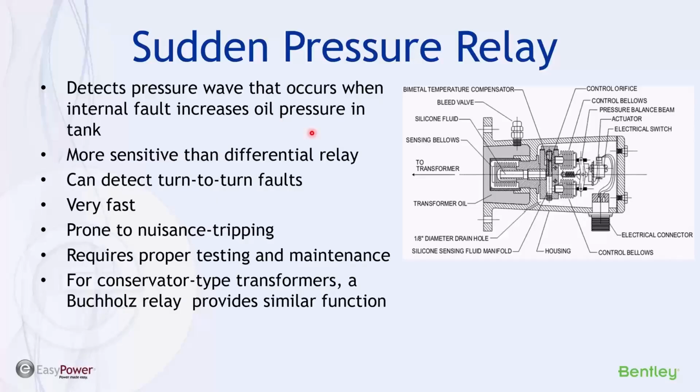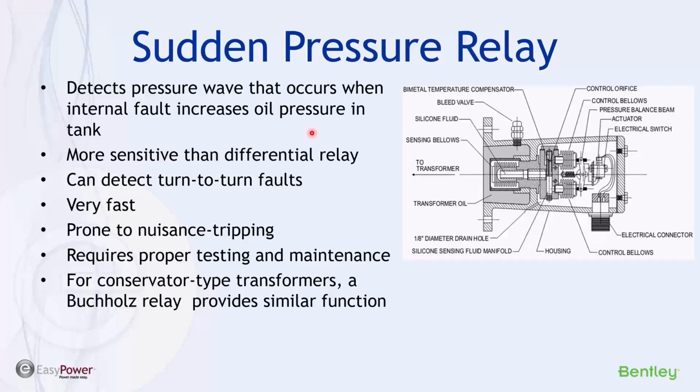The scheme is more sensitive than differential relays. It can detect turn-to-turn faults, and it can have a very fast response. Unfortunately, it can be prone to nuisance tripping, so calibration and proper installation and maintenance is critical.